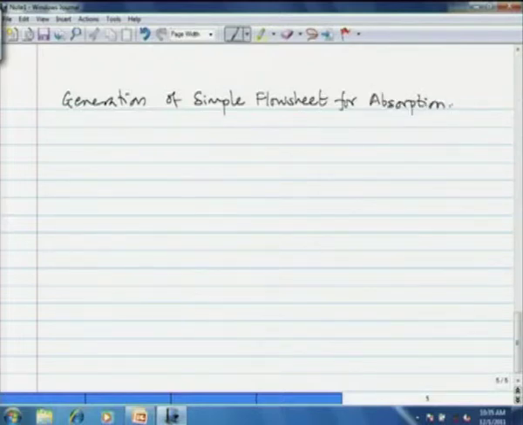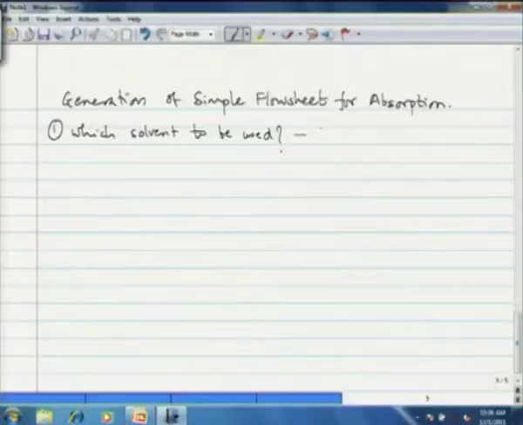The first question that will come to our mind is which solvent to be used for absorption of acetone. Now, here we have several options. Okay. We may use an organic solvent, or we may use an alcohol or some other solvent, but the cheapest would be water.